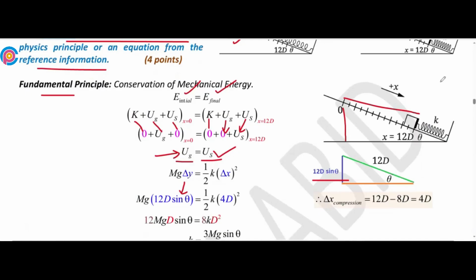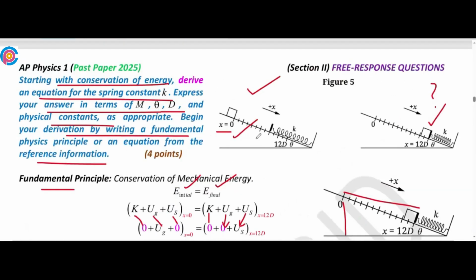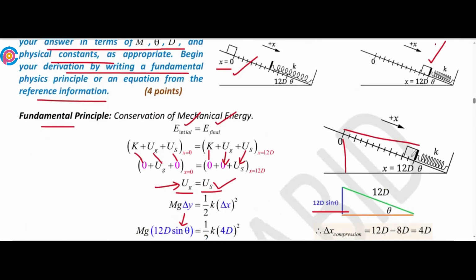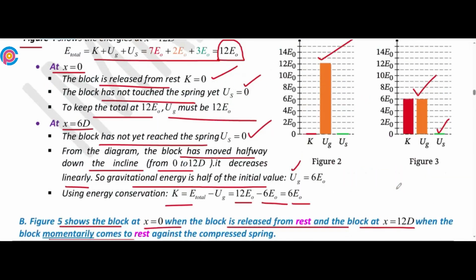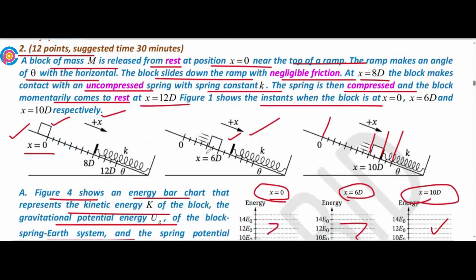And what about delta x? 12d is the total distance, and 8d is the initial point. What is the spring's unstretched position?